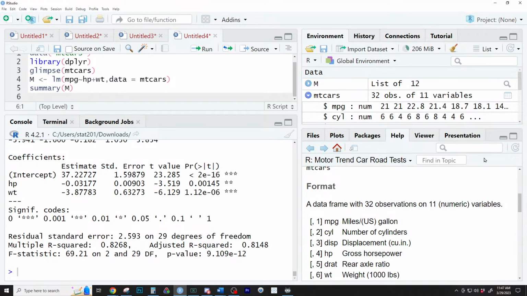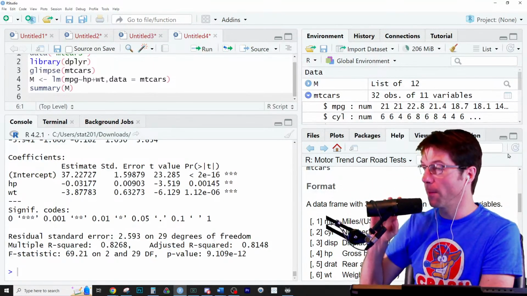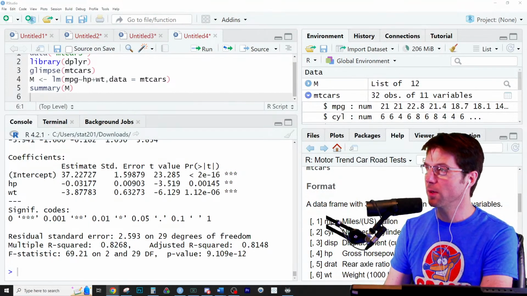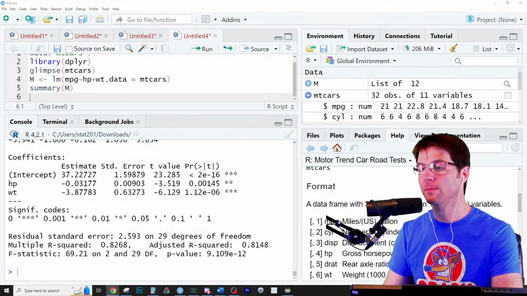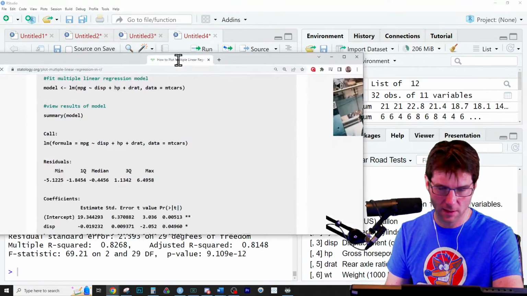But at this point right here, let me check something. I'm going to check some stuff out for lab kind of in advance. Graphing multiple regression in R. Oh, they're literally using the same data set.